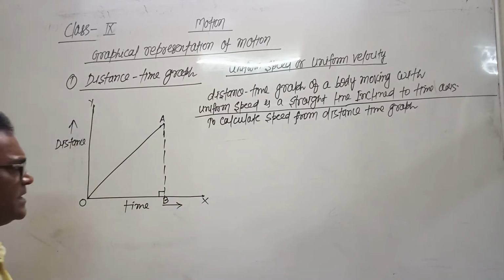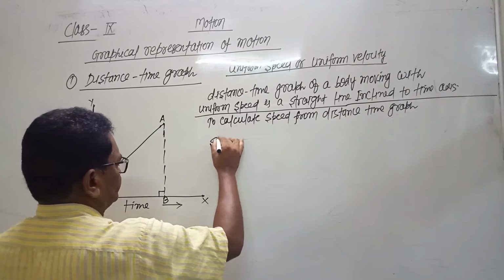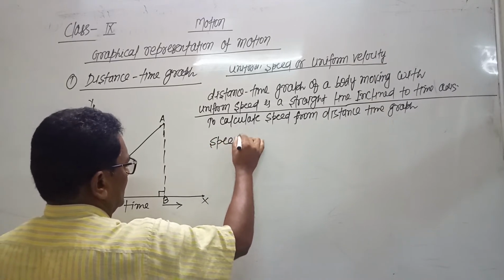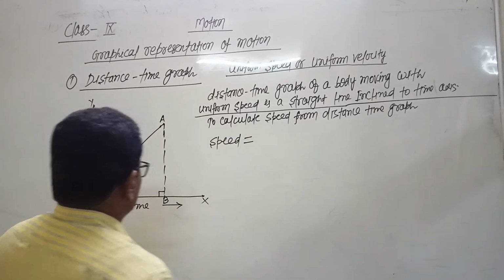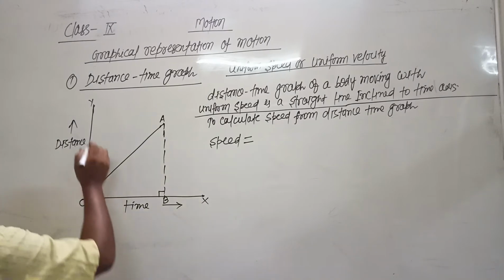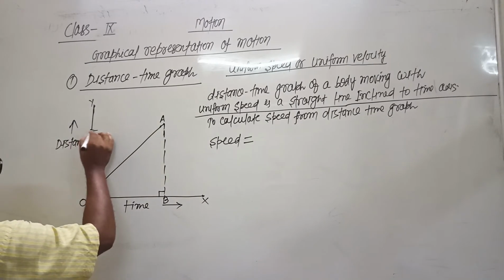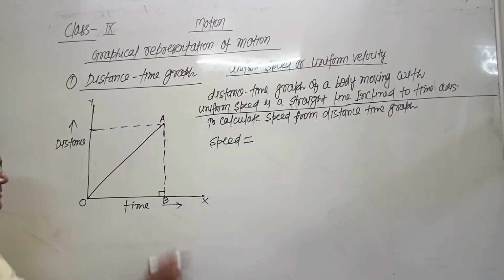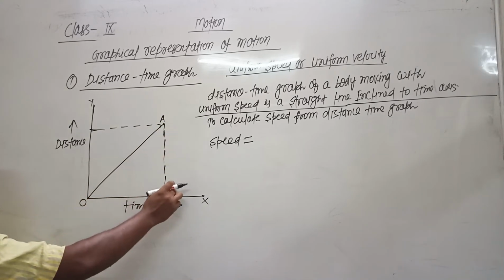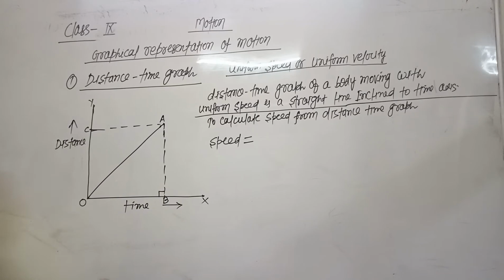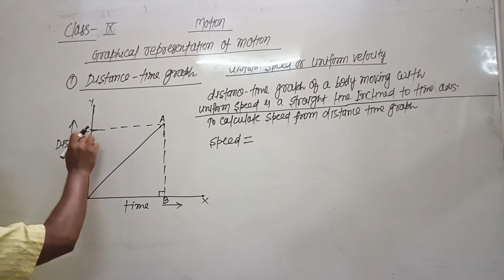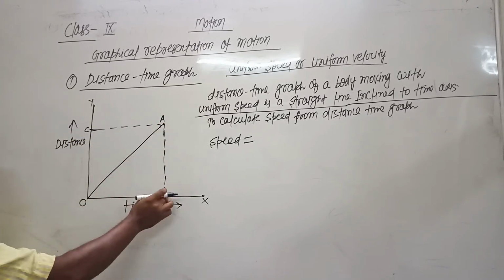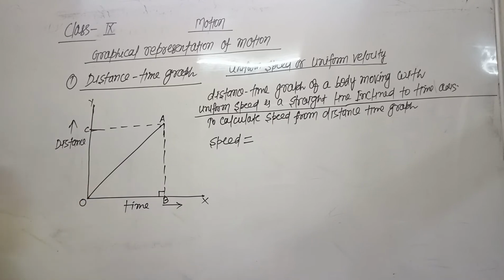Speed is given by distance upon time. So AB is the distance, since OC is distance and AB is parallel to OC.